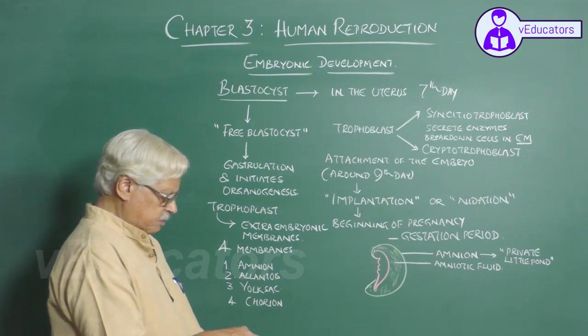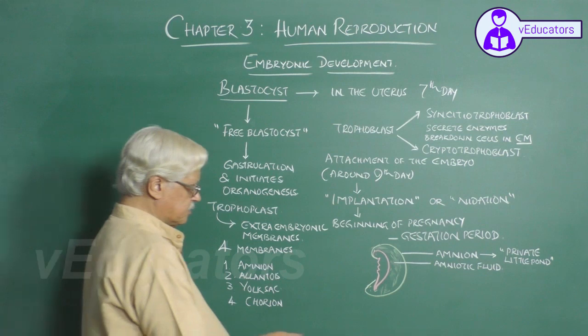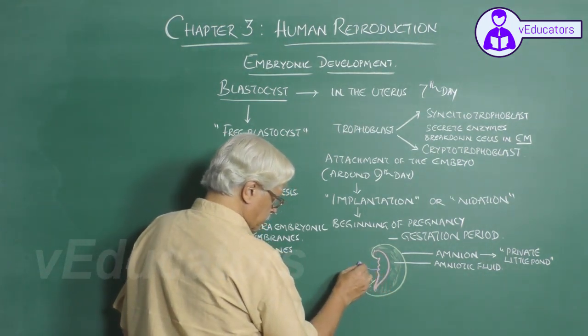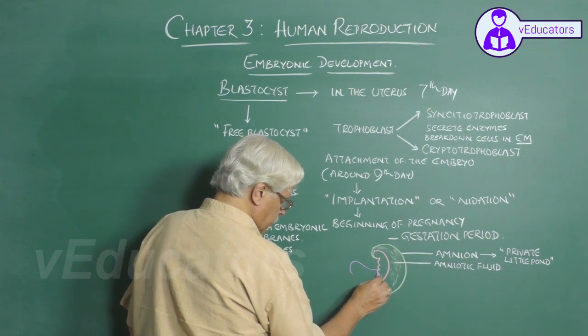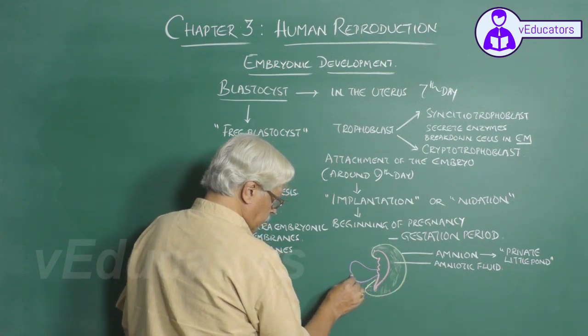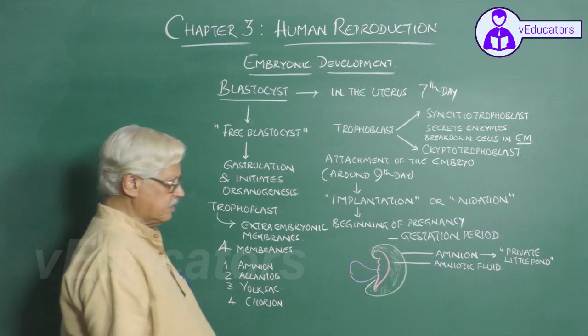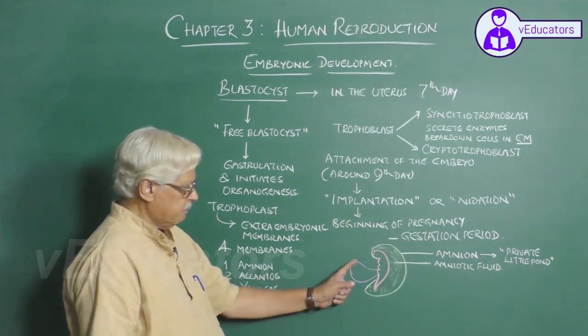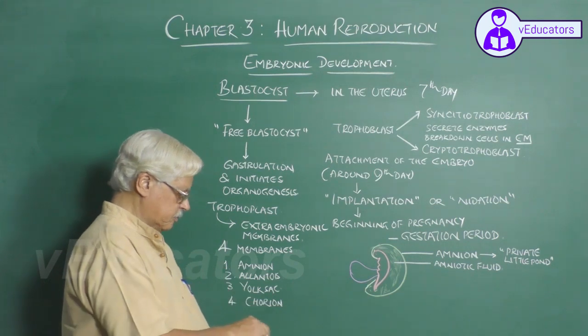Another extraembryonic membrane develops on the ventral surface in the form of a sac-like structure.